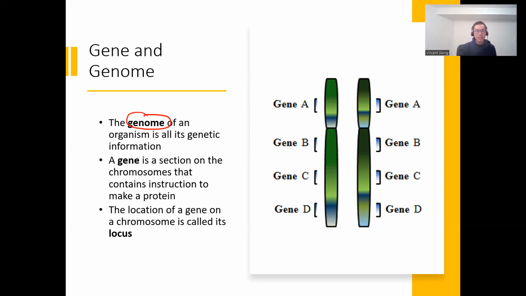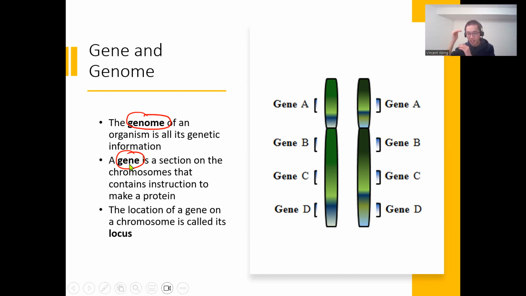Now, a gene is a section on the chromosome. If we look at chapter 4 of the textbook, inside chapter 4, there's section 4.1, 4.2, 4.3, and each section talks about a specific topic. That's what a gene is.